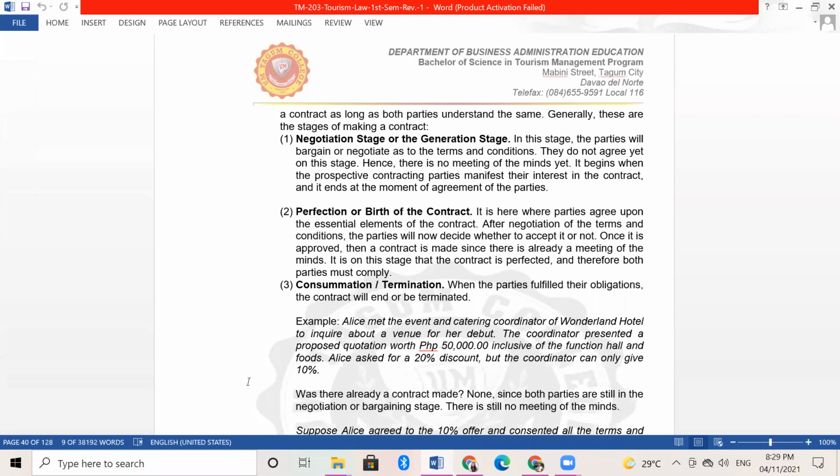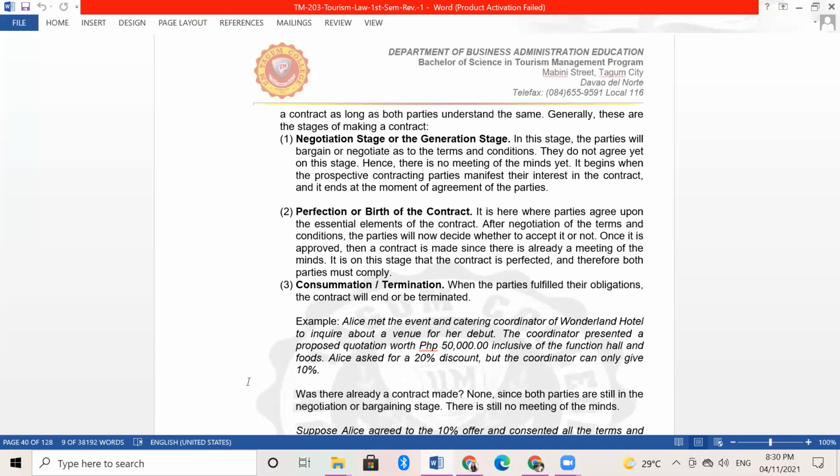Second stage of contract is the perfection or birth of the contract. It is here where parties agree upon the essential elements of the contract. After negotiation of the terms and conditions, the parties will now decide whether to accept it or not. Once it is approved, then a contract is made.